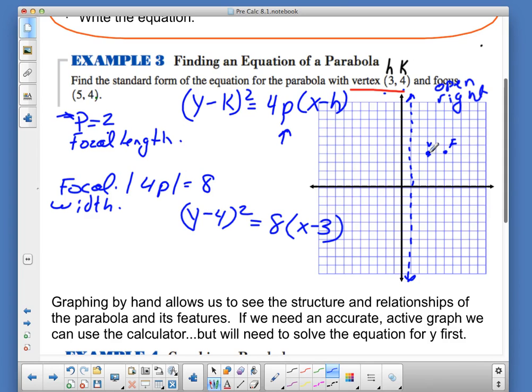Across the focus, I go 4 up, 1, 2, 3, 4, and I go 4 down, 1, 2, 3, 4, and I've got this graphed, showing my vertex, my directrix, my focus, and my sketch, along with my standard form of the parabola that's been translated from 0, 0.